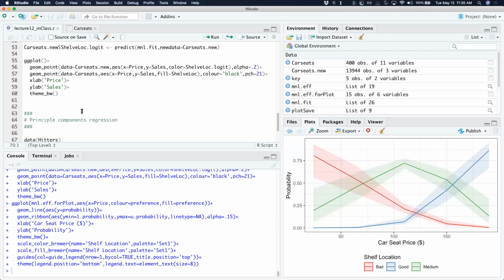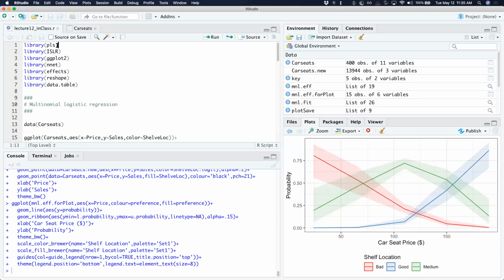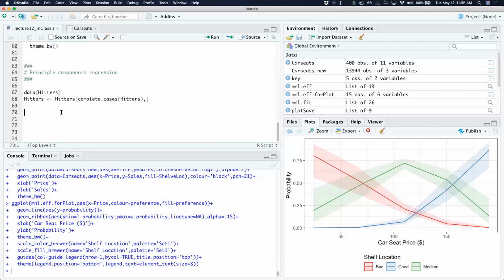Okay, so I'm going to use a package called PLS, and that has a function called pcr, principal components regression.